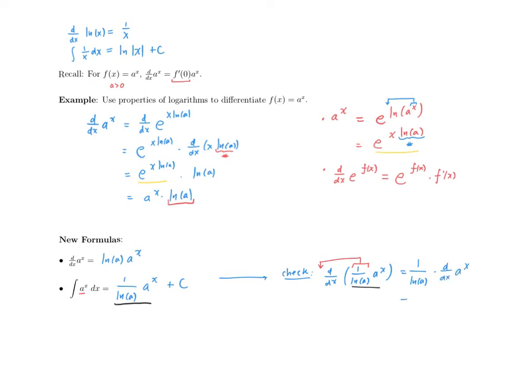And a to the x can be differentiated using the above formula. It's simply the natural log of a times a to the x. So note the natural log of a over the natural log of a cancel, and we're left precisely with that desired integrand, so we have checked the validity of this formula.